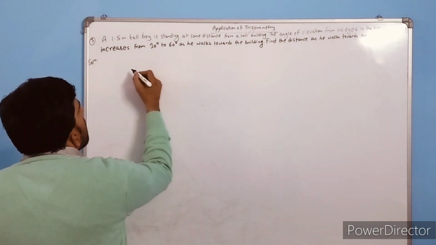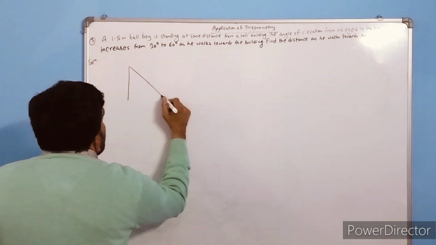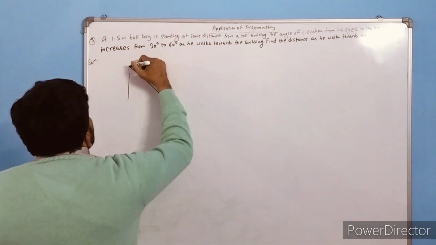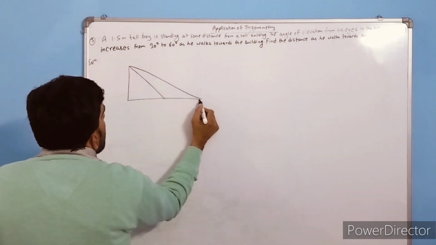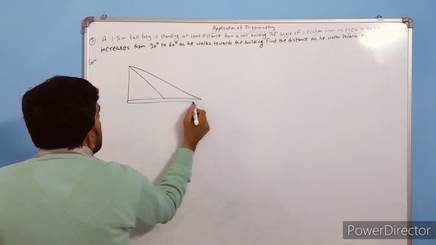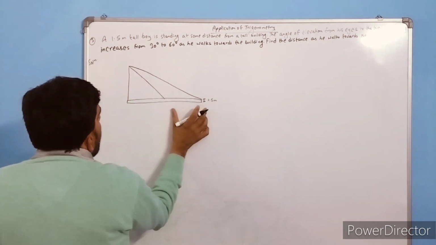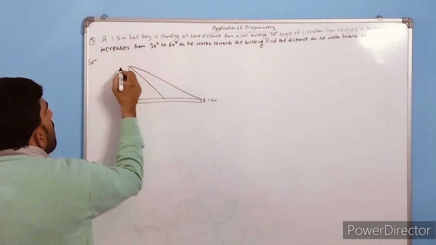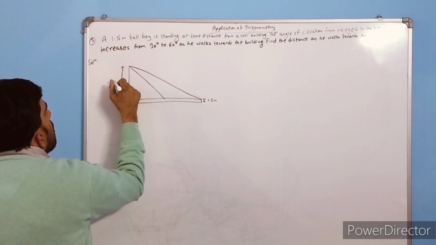So what is given is, let us try to solve this question like this. The question is something like a boy is there, let us draw like this, 1.5 meter in height, standing in front of a building, and the building's total height they have given is 30 meter.